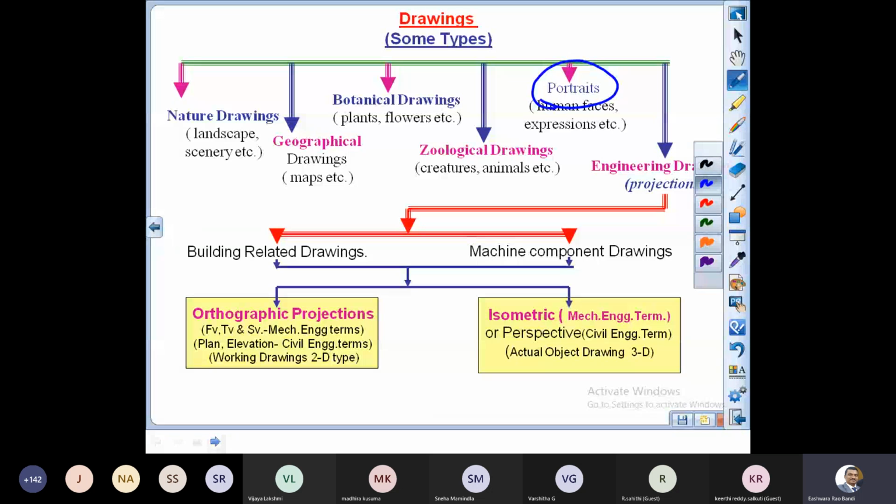Whereas in isometric, we see how an object can be visible in a three-dimensional way. Here also there are different types. Isometric is the name used by mechanical engineering, and the perspective projection is used by civil engineers.